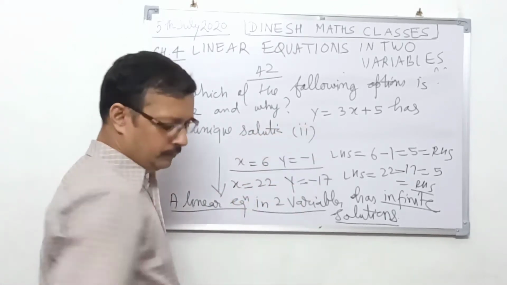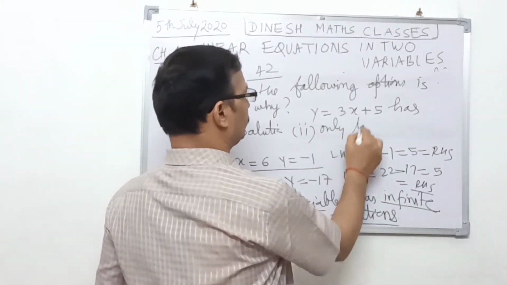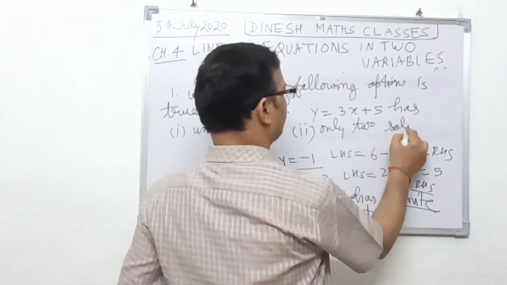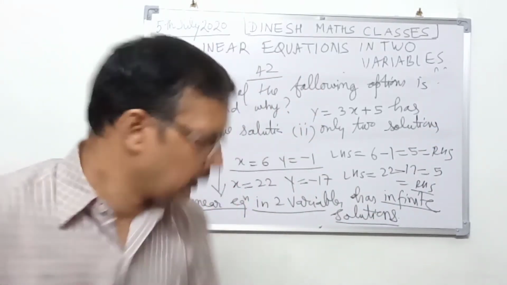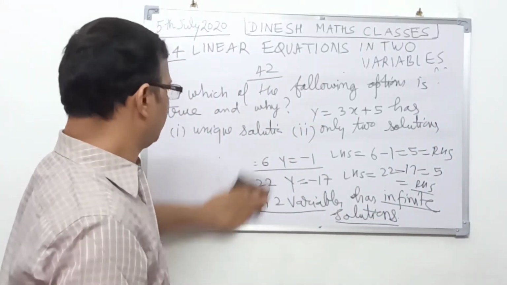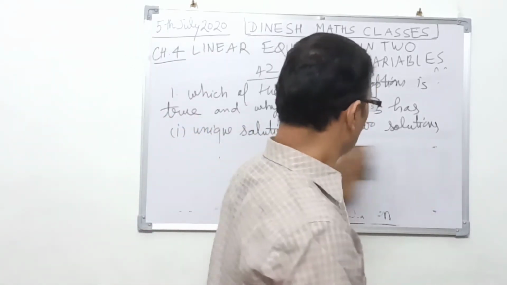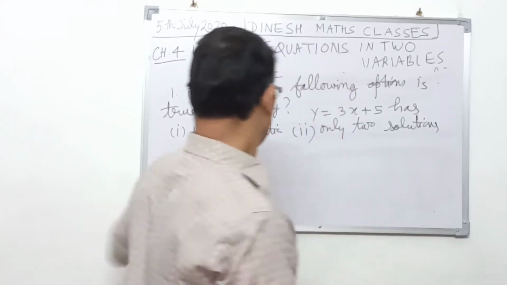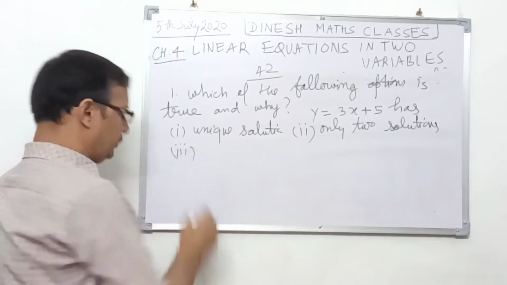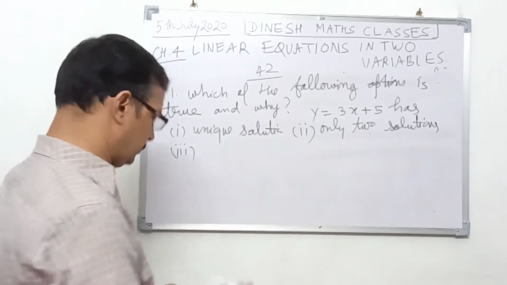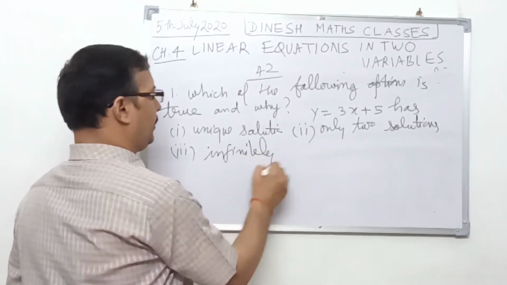The second option is only two solutions. And the third option given is infinitely many solutions.